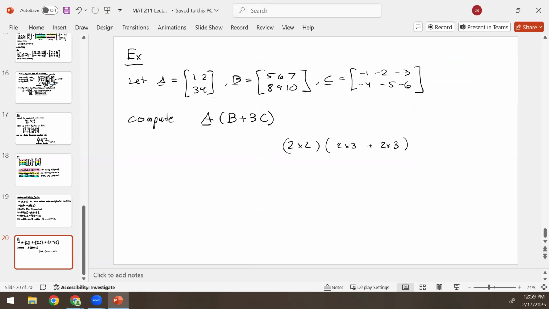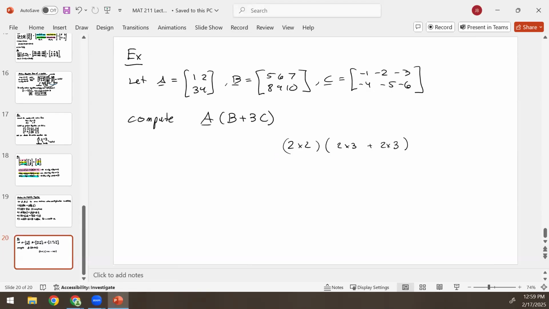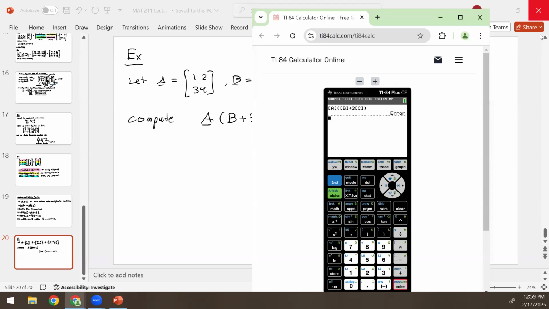No, it should distribute correctly. So maybe calculators don't like doing that. So that could be a thing where I forget that it doesn't like doing that. You know what it might be? Sometimes stuff like this, second insert times. There we go. I guess it doesn't like it being next to the parentheses like that, so you have to put a star.